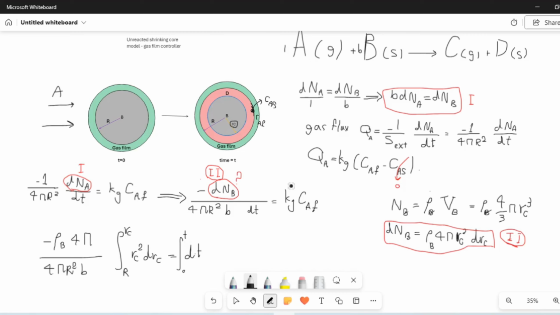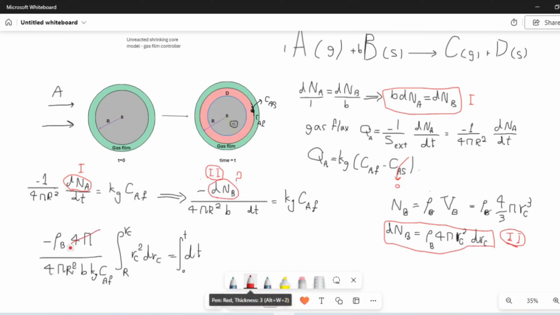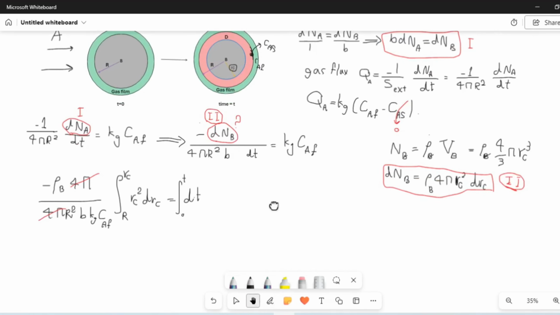Now we bring these two terms into the denominator. Now we can cancel out the 4 pi terms to arrive at the new relationship. And now we can integrate both sides.